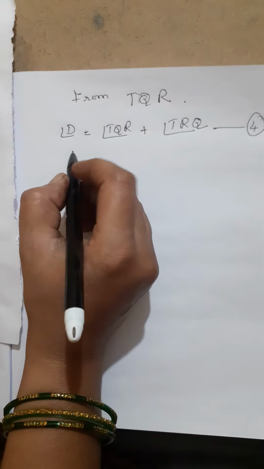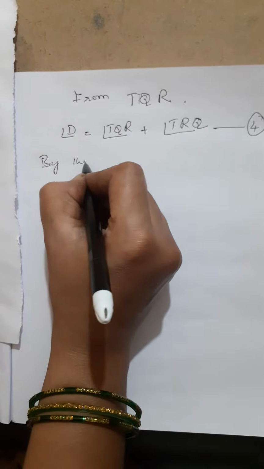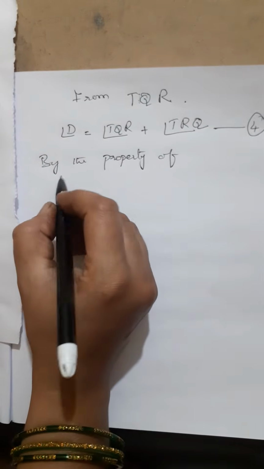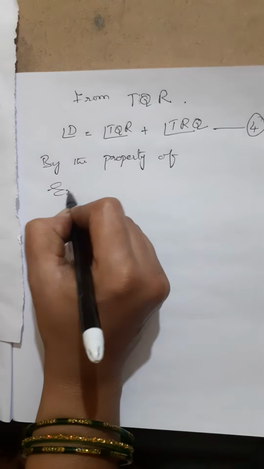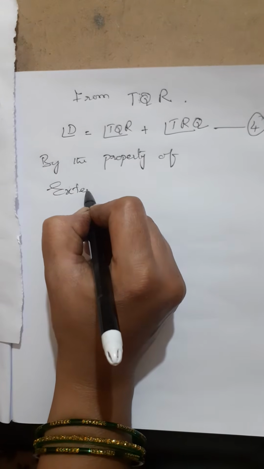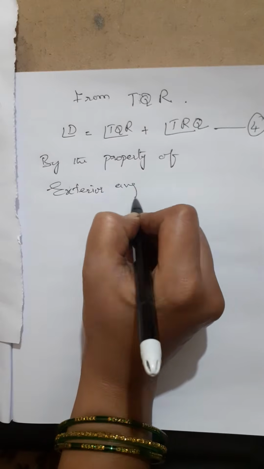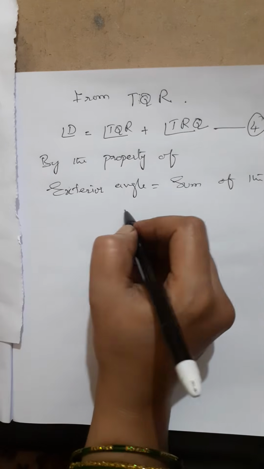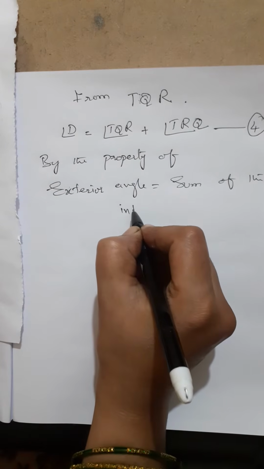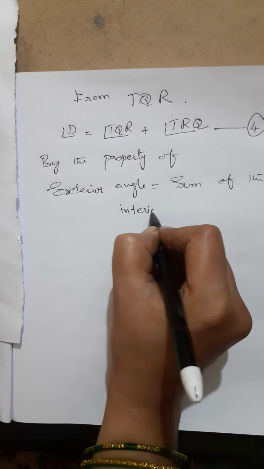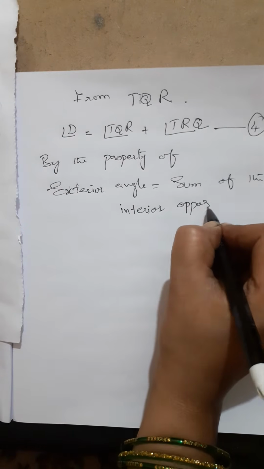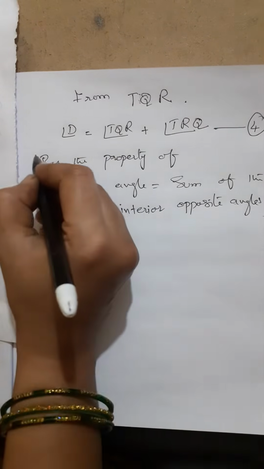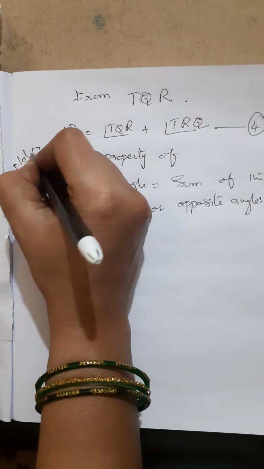This is by the property that an exterior angle is equal to the sum of the interior opposite angles. This is only a note to understand the concept.